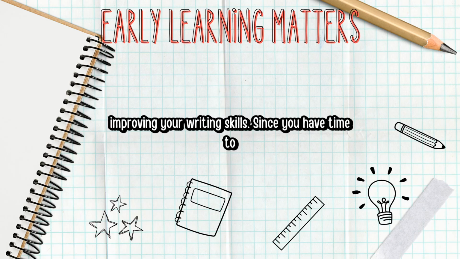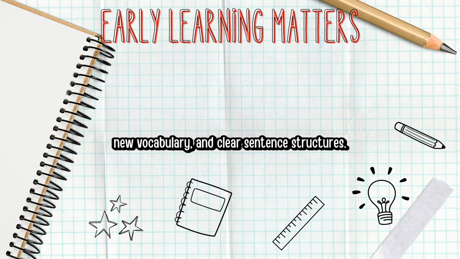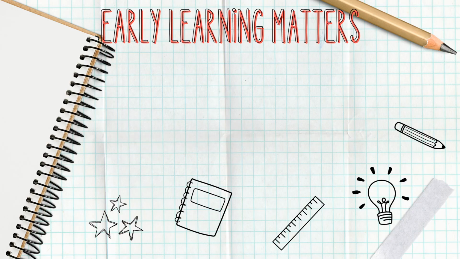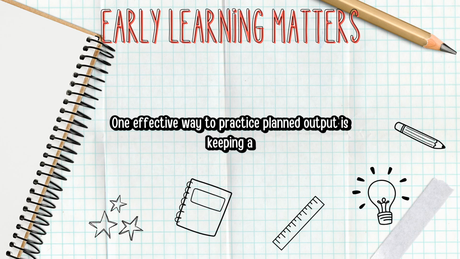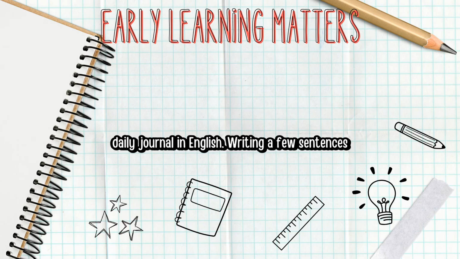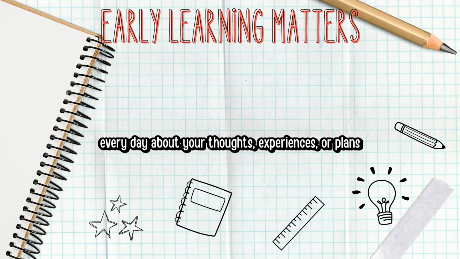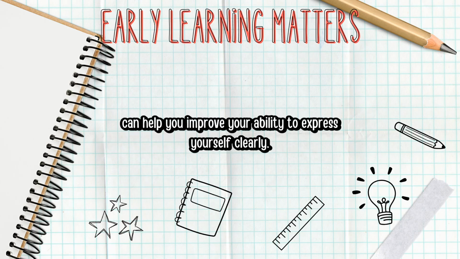Since you have time to think, you can focus on using correct grammar, new vocabulary, and clear sentence structures. One effective way to practice planned output is keeping a daily journal in English.